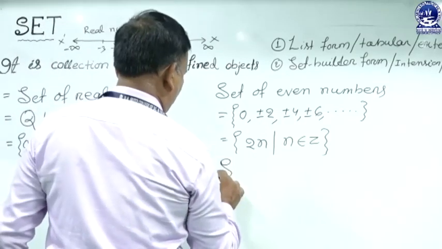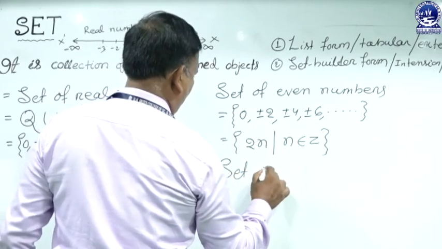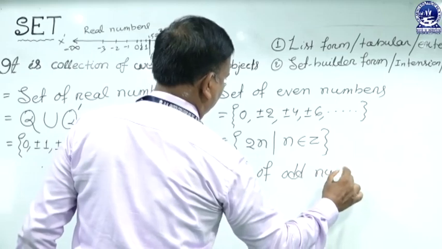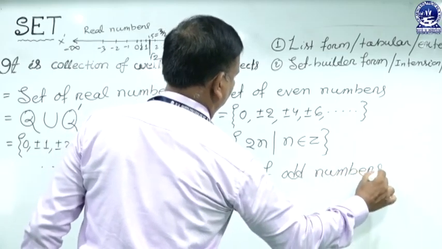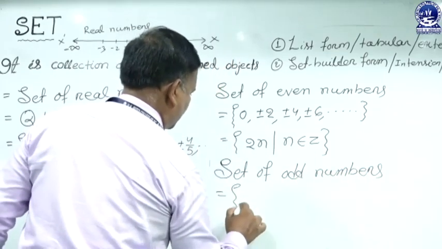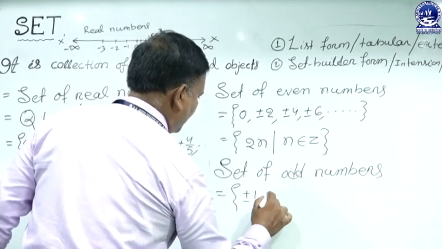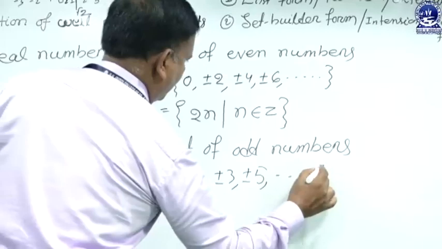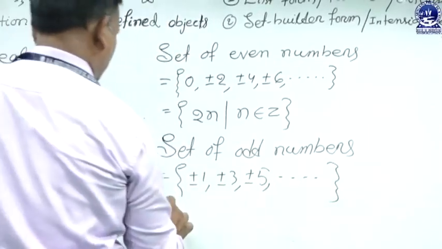Another set is the set of odd numbers. That means plus minus 1, plus minus 3, plus minus 5, these are called odd numbers.